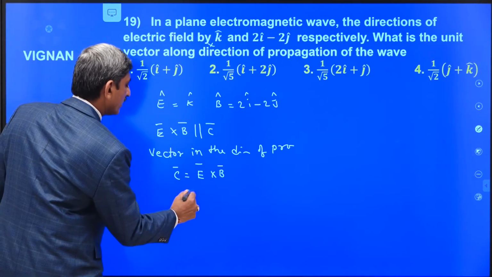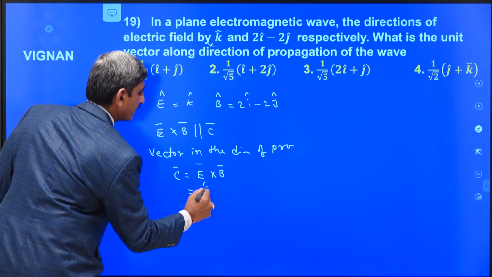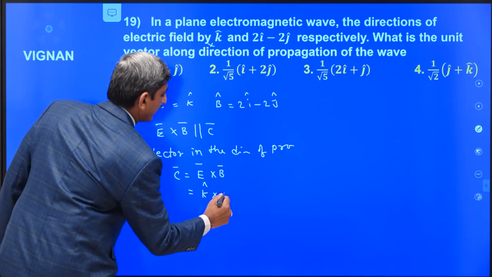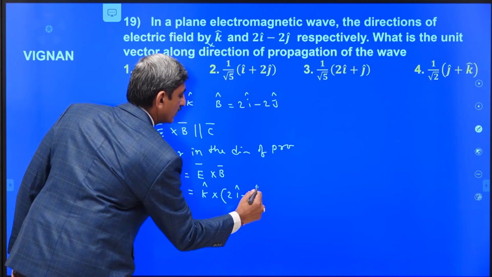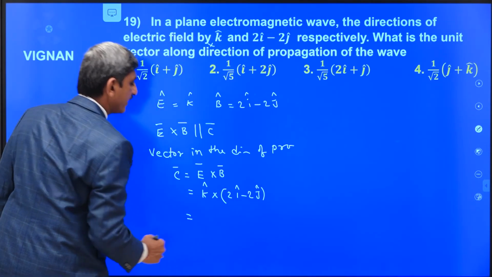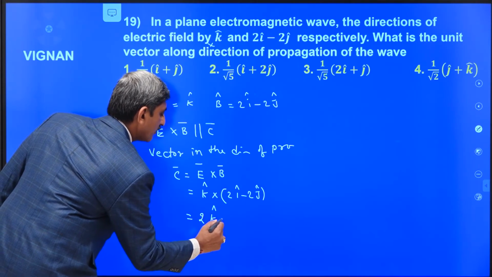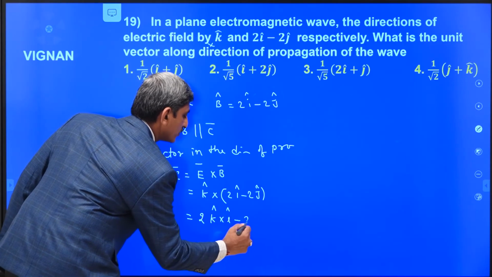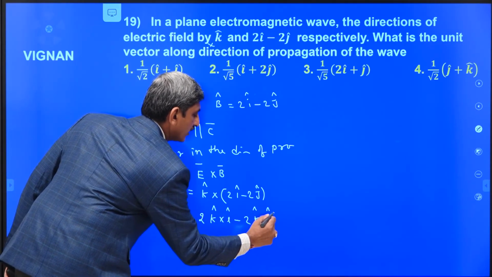Here, E bar is equal to k cap and B bar is equal to 2i cap minus 2j cap. By expanding this, it becomes 2 times k bar cross i cap minus 2 times k bar cross j cap.